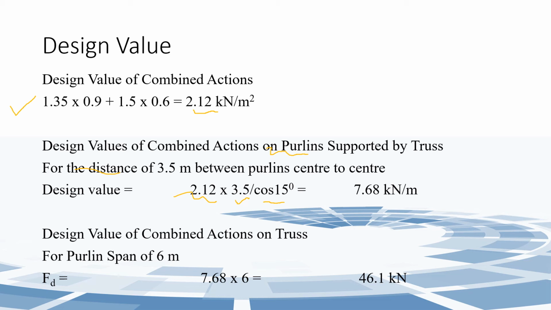And then the design value for combined action on truss for purlin span of 6 meter. So FD is equal to 7.68 kN per meter times the 6 meter span, so FD will go to 46.1 kN. So all the FD point loads at the connection joints of the truss will be 46.1 kN.